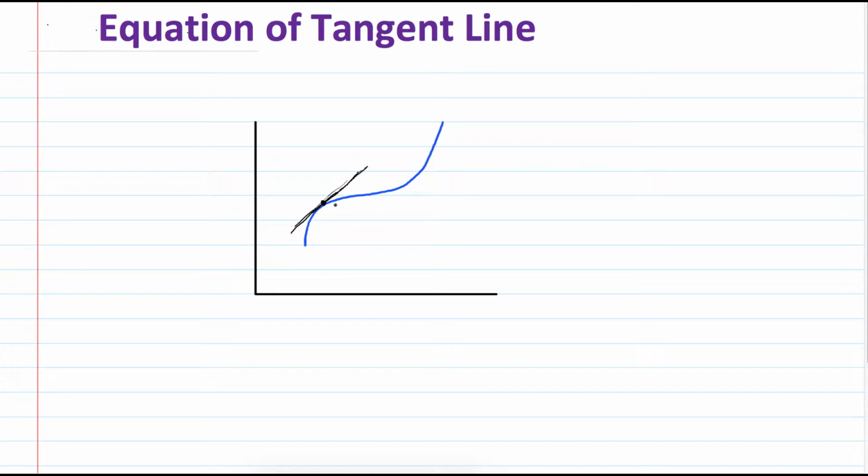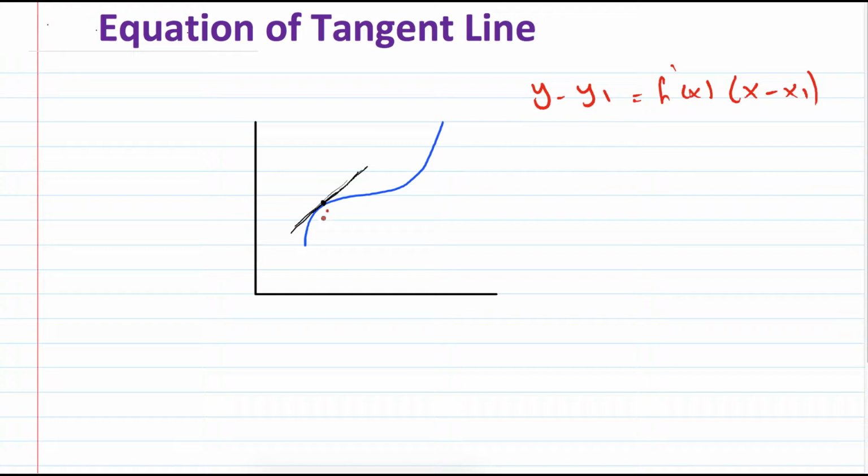So we're gonna use that idea, the slope of the tangent line, in order to find the equation of the tangent line. And what is the equation of the tangent line? Well, basically it is y minus y1 equals f prime of x multiplied by x minus x1. These y1 and x1 are the coordinates of your point.